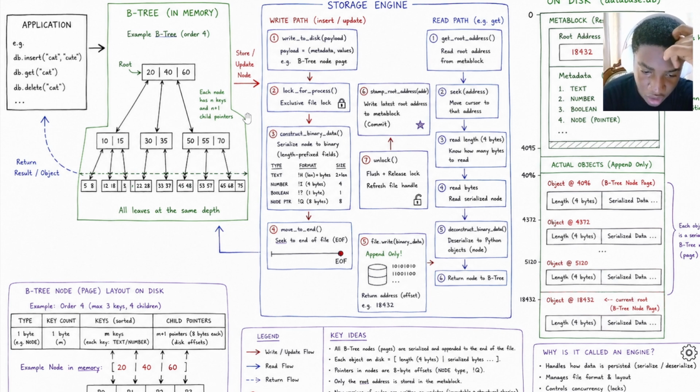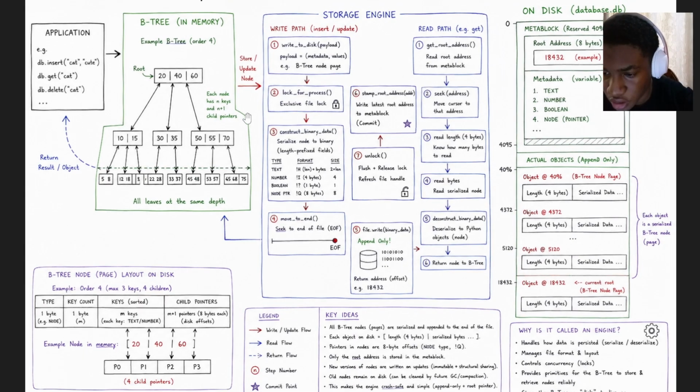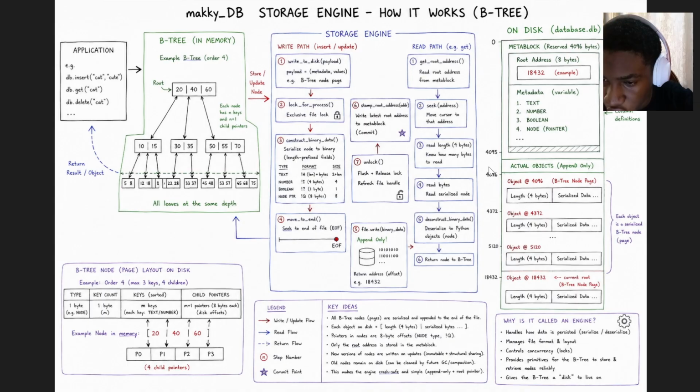So yeah, and also we will store the metadata, like the types, in the meta block, in that 4096 bytes block. Then as for reading, we'll go through this metadata block again and read the metadata like text, number, boolean.